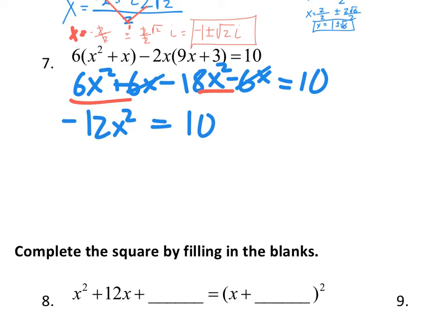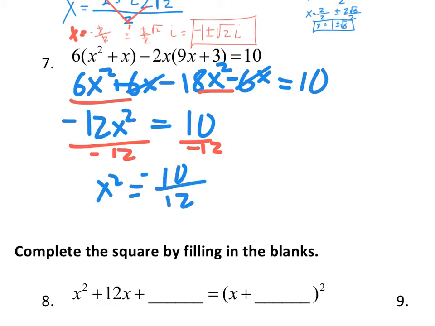Since the x's went away there, let's now go to the square root method. Don't worry about bringing them all over to one side. Just divide by negative 12. And we end up with x squared equals 10 over negative 12.